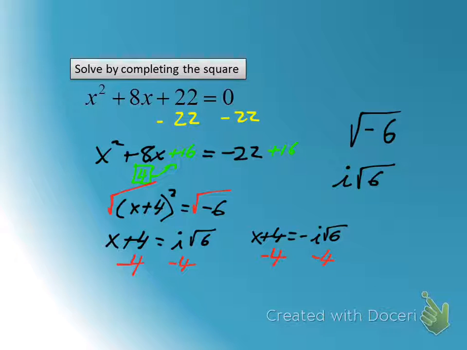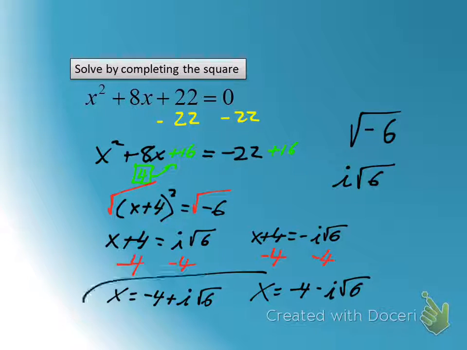So it's, as Stovey was saying, x equals -4 plus I square root 6. X equals -4 minus I square root 6.